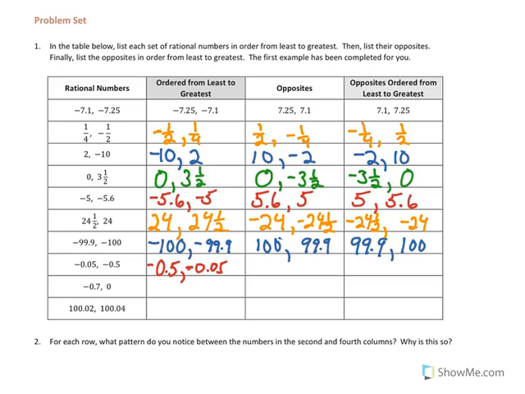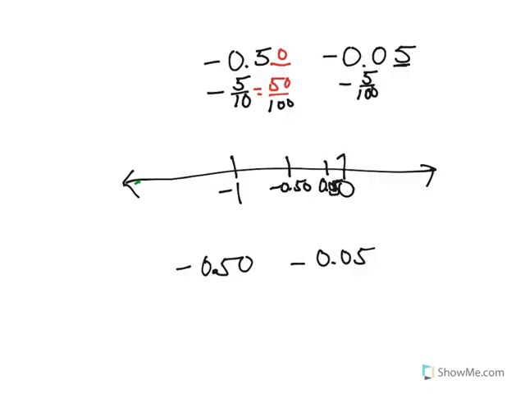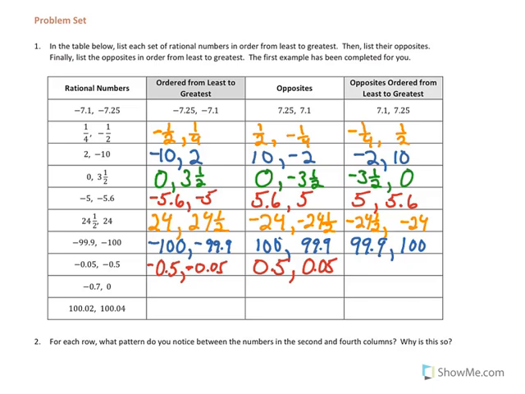The opposite of negative 5/10 and the opposite of negative 5 hundredths. Okay, now if you go back to what we did over here and talk about them in terms of positive, which one comes first now? Now it would be the positive 5 hundredths would come before the 5/10 or the halfway.